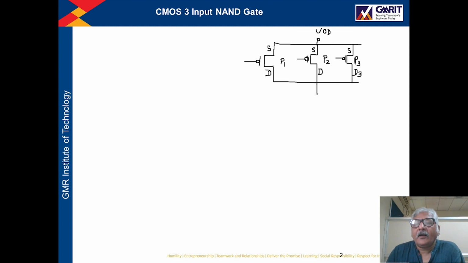Okay, and now here we have NMOS number 1, this is NMOS number 2, and this is NMOS number 3, and here we have connected the ground.